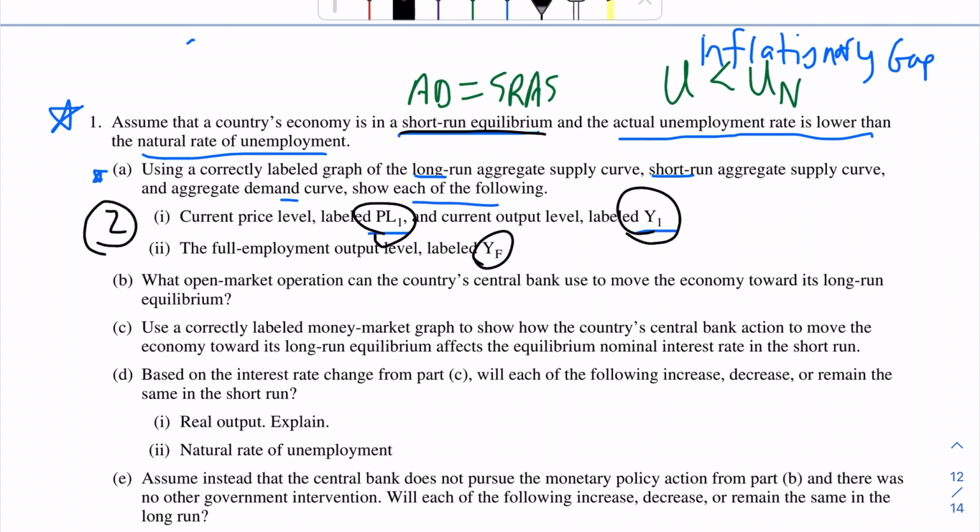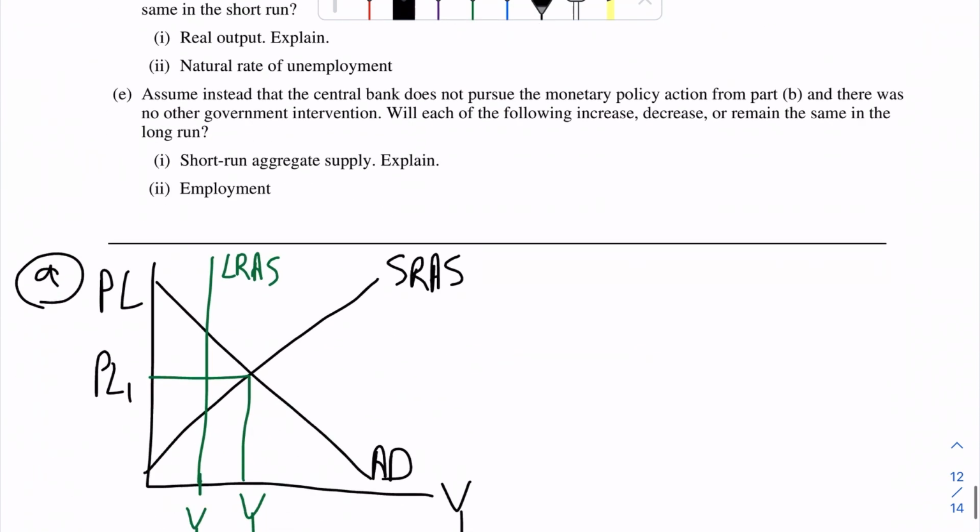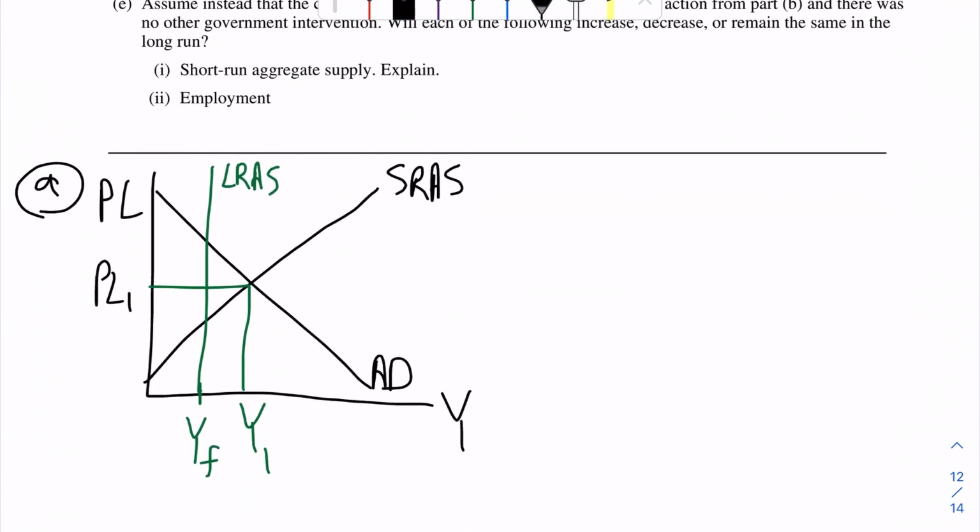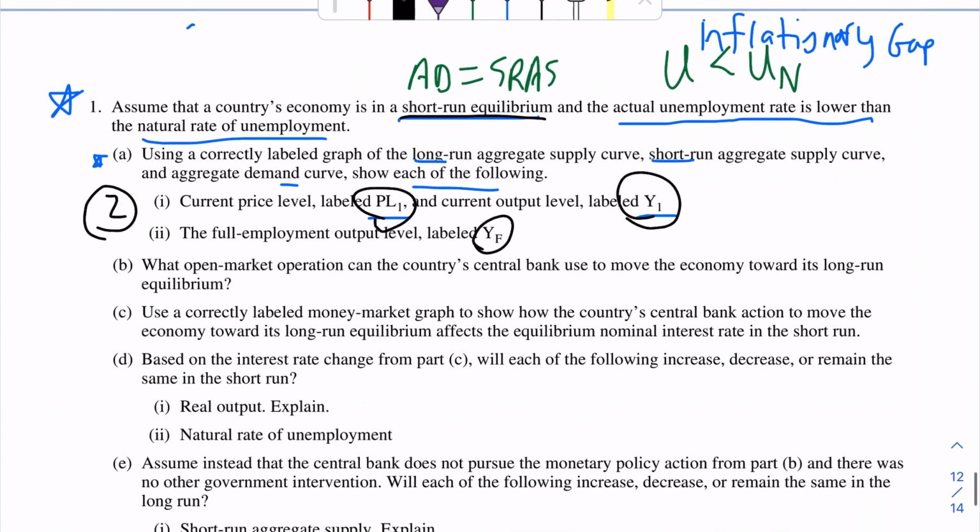Now, what open market operation can the country's central bank use to move the economy toward the long run equilibrium? Currently, we are past our full employment. So what do you want to do to aggregate demand? You want it to be at your full employment, so you want it to decrease. How can we decrease? You need to have less aggregate demand, so therefore we need less money.